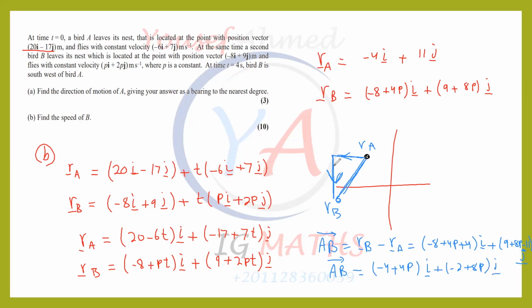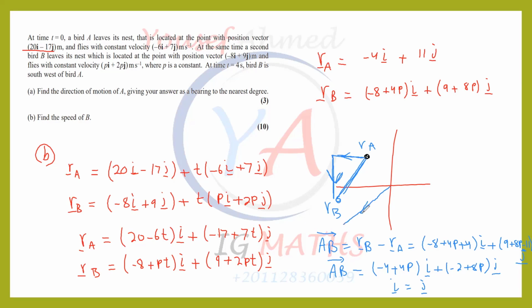You will now equate the two components. The i component is equal to the j component. Why is it equal? Because the distance you moved horizontally is the same as the distance you moved vertically. Whenever it's mentioned southwest or northeast, or like for example northwest, or southeast, these directions all are equal because it comes at a 45 degree angle.